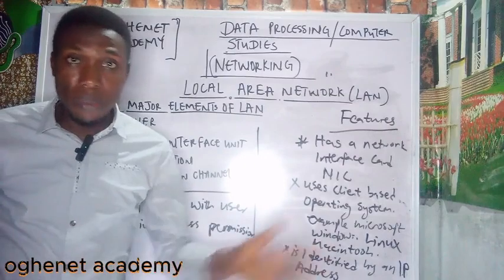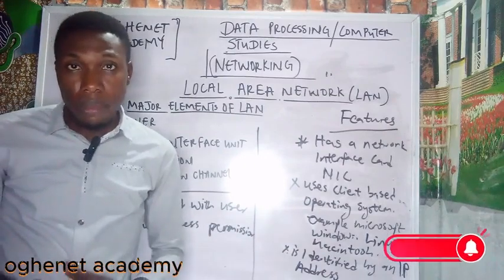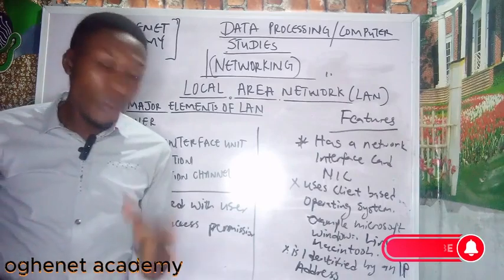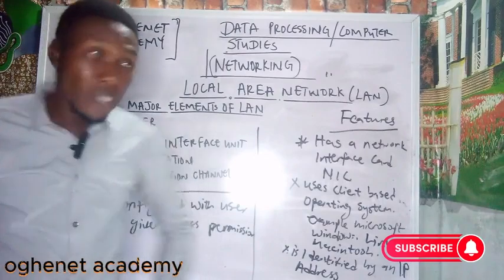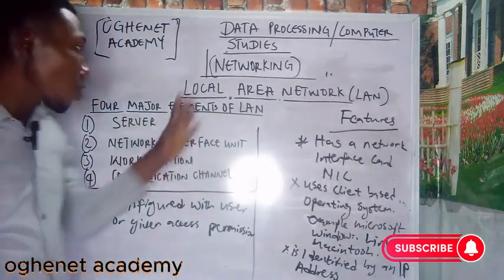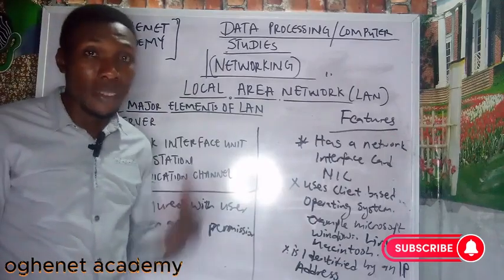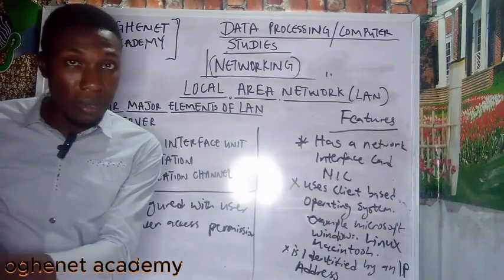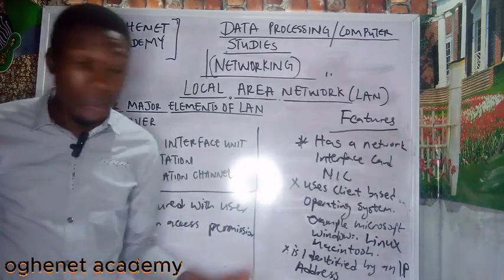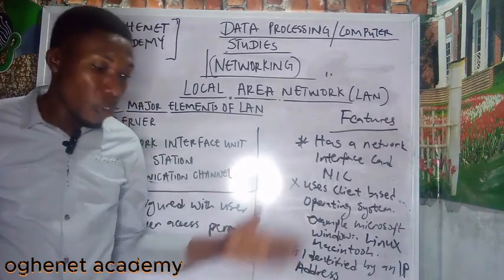It's nothing but your desktop, your laptop that has been connected to the network. So next time you hear workstation in the context of local area network, just know that it is your laptop or desktop that is connected.